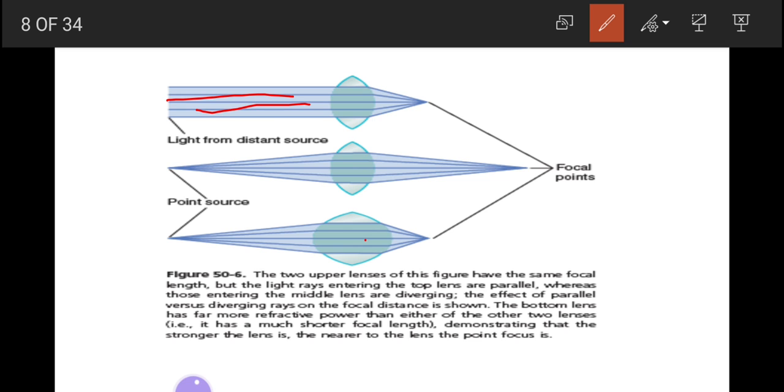The bottom lens has far more refractive power than either of the two lenses. It has much shorter focal length, demonstrating that the stronger the lens is, the nearer the focus point is. The more power it has, the nearer is the focal point.